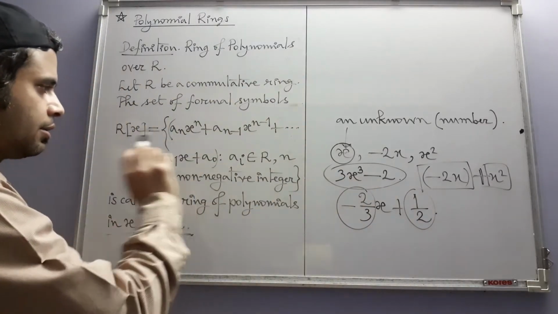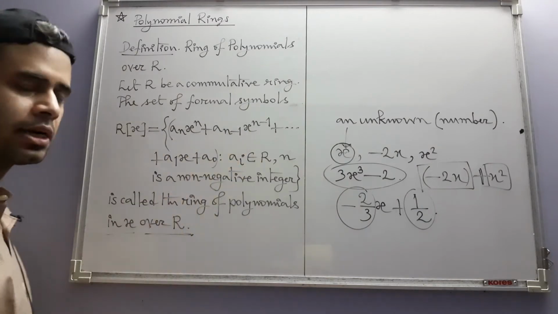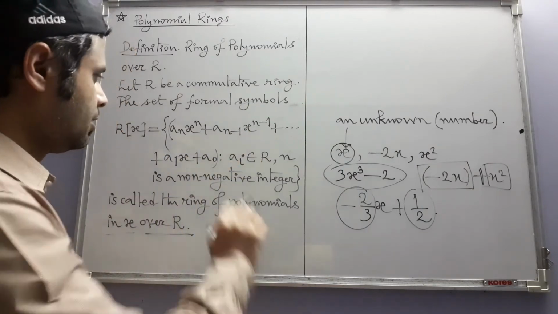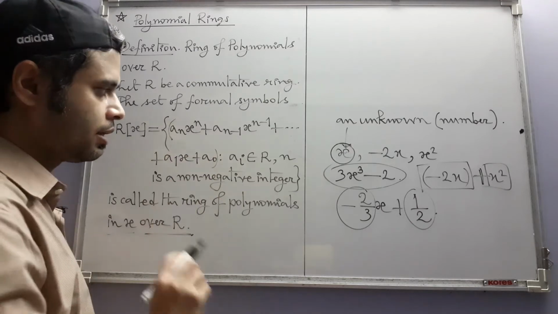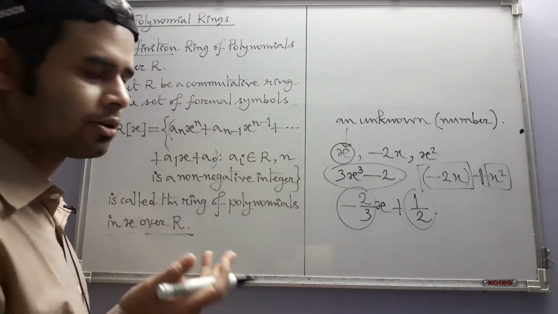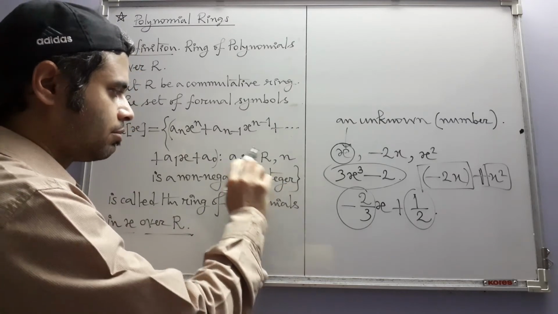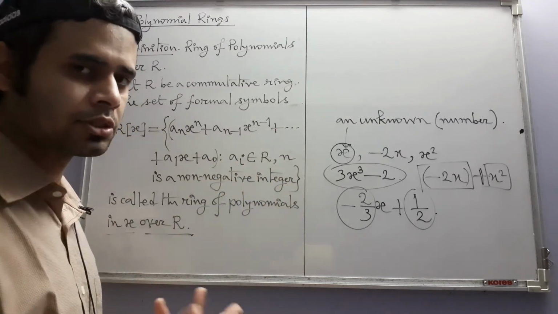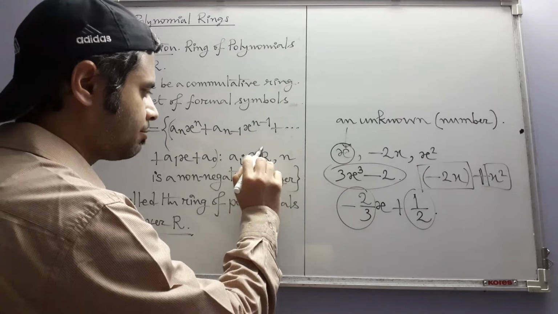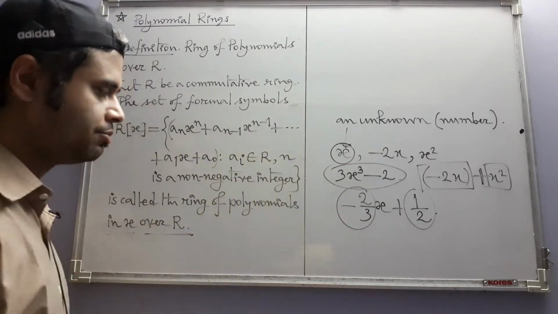Here, however, that's not how these symbols are to be interpreted. Now x is not a number. Of course x is not a number, because we are no longer in the realm of the real number system. We have a general commutative ring.